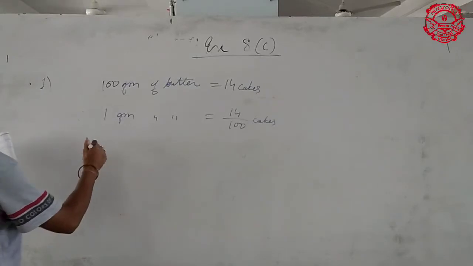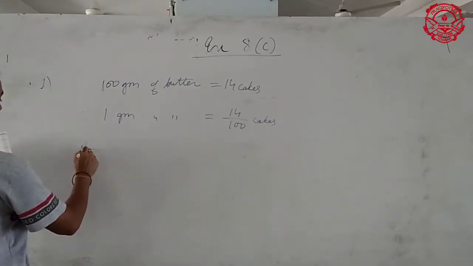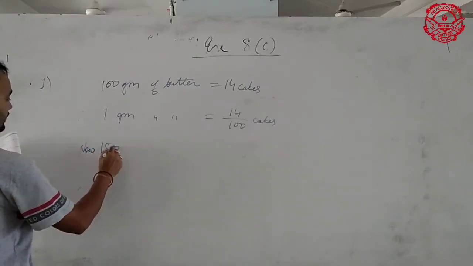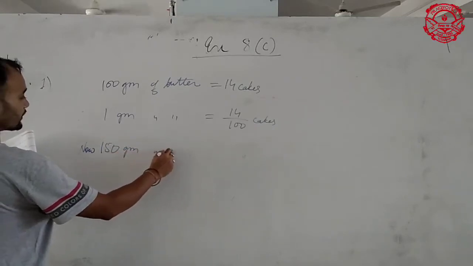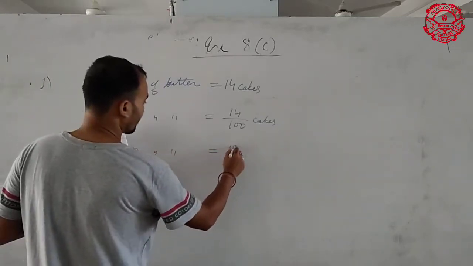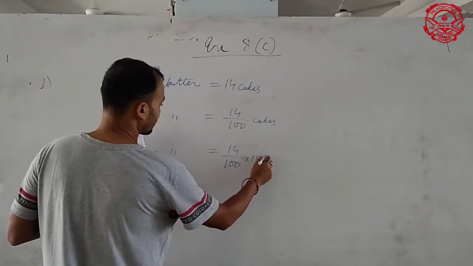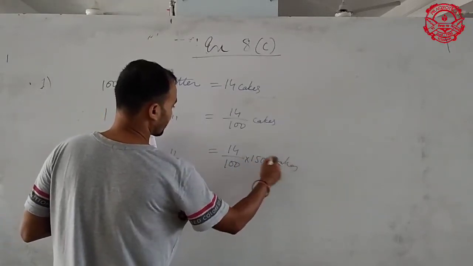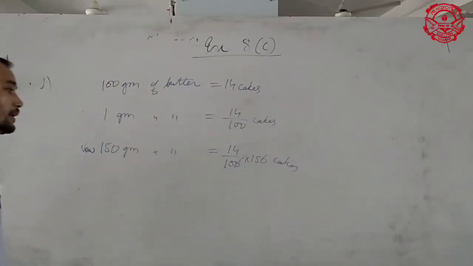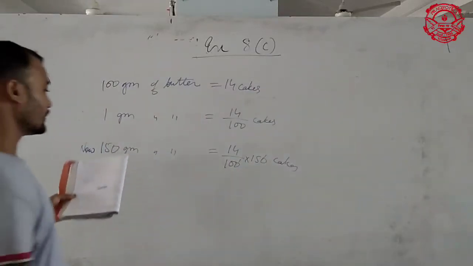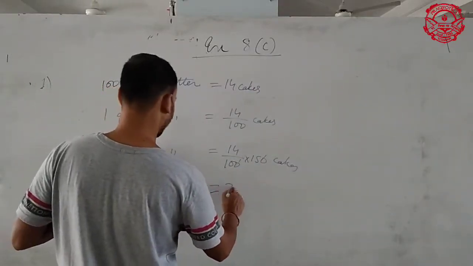You simply multiply this. 150 gram of butter can make 14 by 100 into 150 cakes. If you do the calculation part, you will have the answer, 21 cakes.